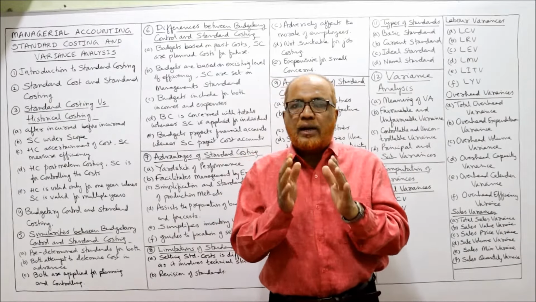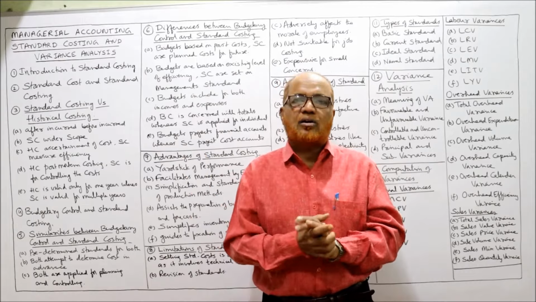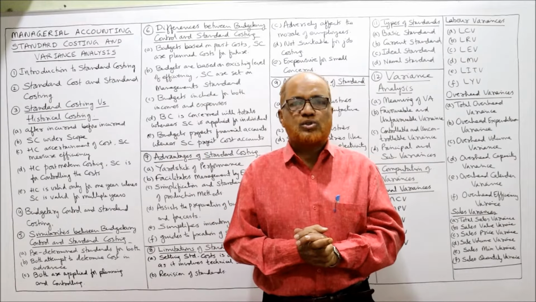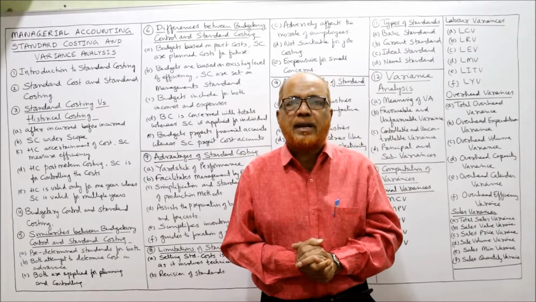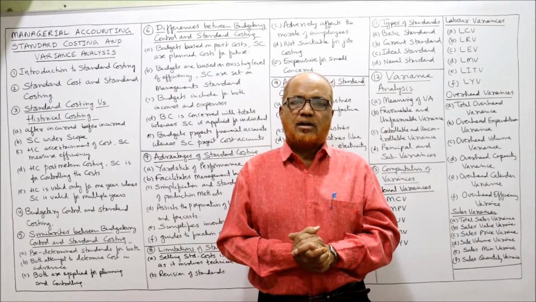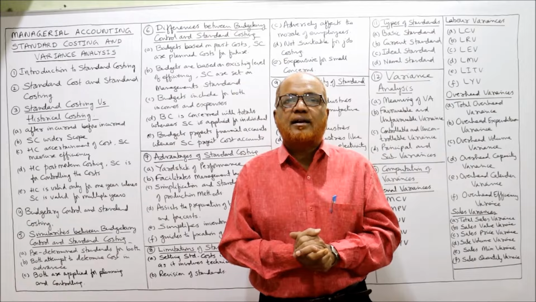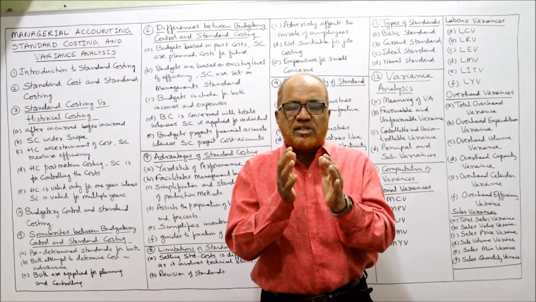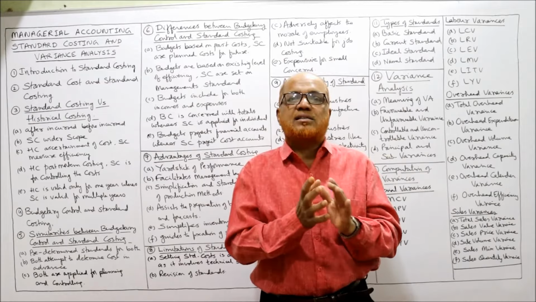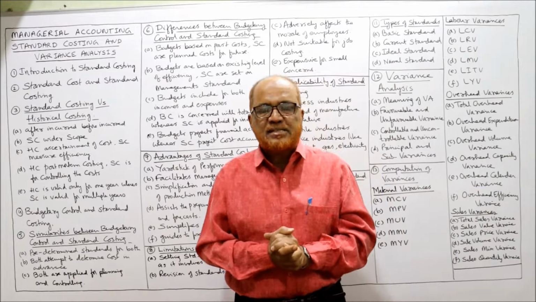So for controlling the cost, standard costing is very useful. In simple words, I will say standard cost is a predetermined cost. The cost which is calculated before incurring the cost. The cost which is calculated in advance, that is called standard cost.